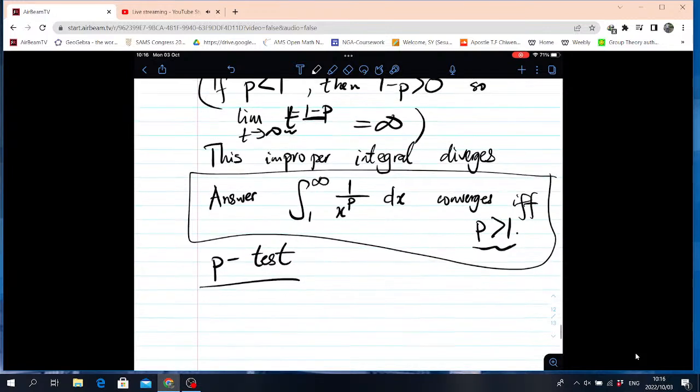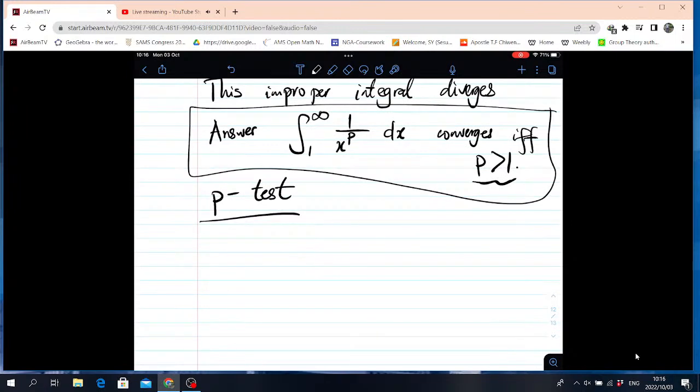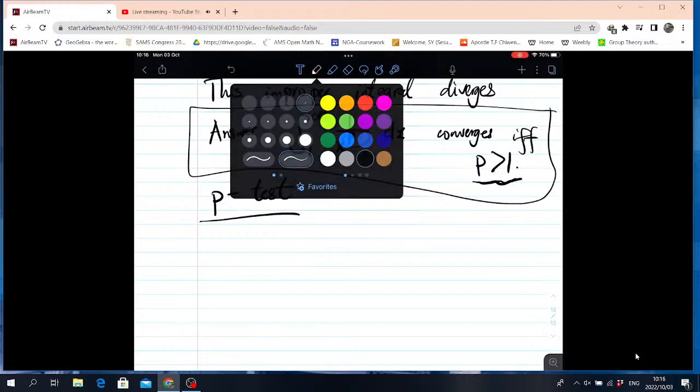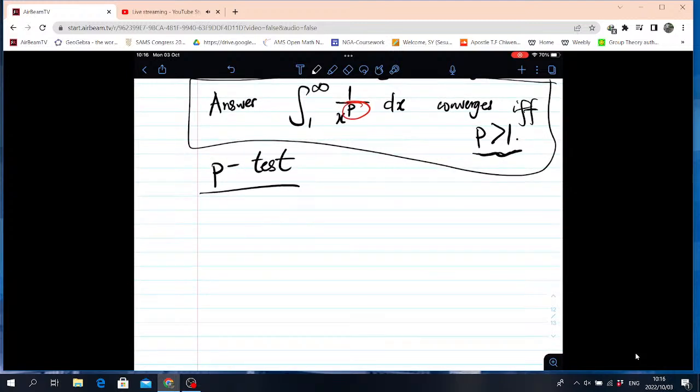So this is what we call the p-test, and we are going to look at an example for a p-test. I was saying that you just need to check if the power is greater than 1 for you to conclude that it's going to be convergent. Otherwise, it's divergent. Right. So let's look at an example.